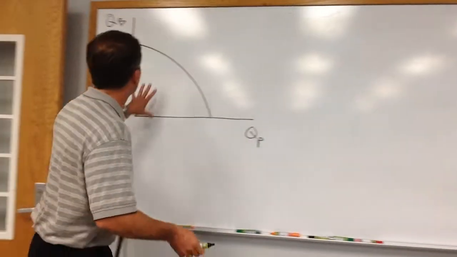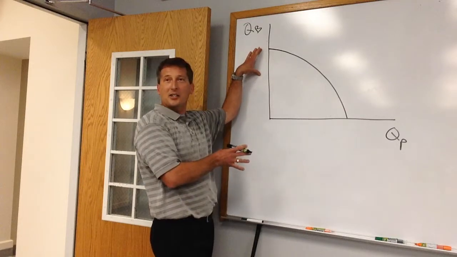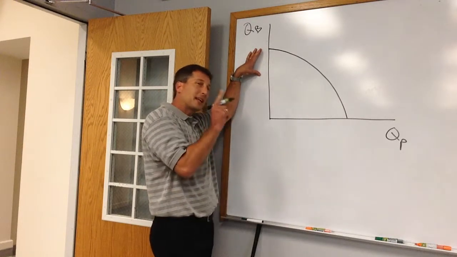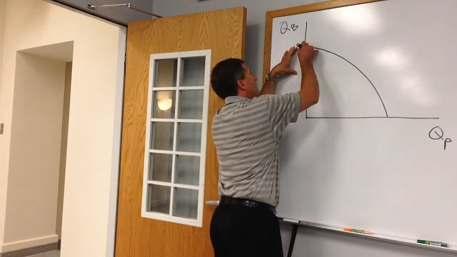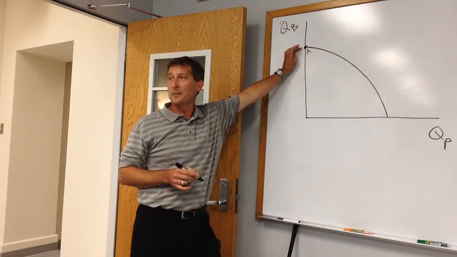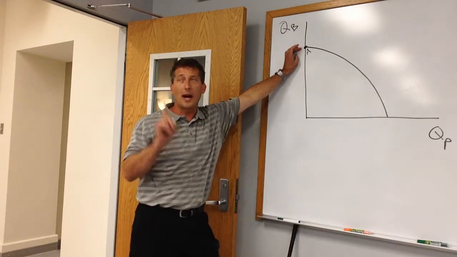And here's why. As we look at this shift, you guys correctly said that it wouldn't help beer production. But that's only correct in a very oddball circumstance, and that is if the economy is currently at point A. What does it mean to be at point A? We're at a peak.